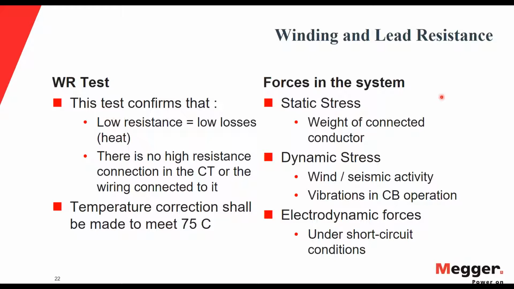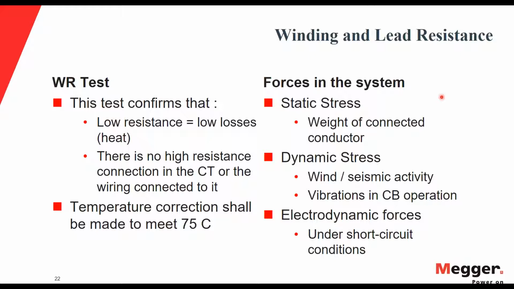It is very important to have a low resistance, meaning low losses, but not lower than the factory accepted value, which would indicate a short circuit, or not very high resistance, which would mean you have a bad contact between the tap or any interconnection inside your CT winding. The reason why this test is usually conducted first is because it will saturate your core.